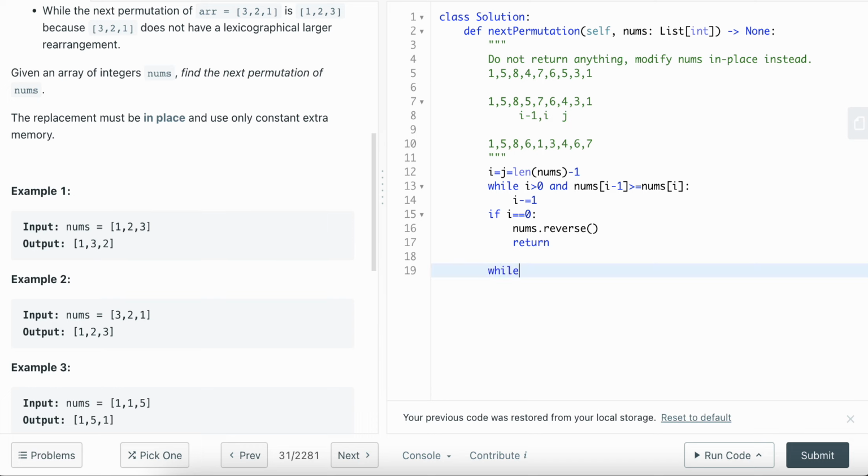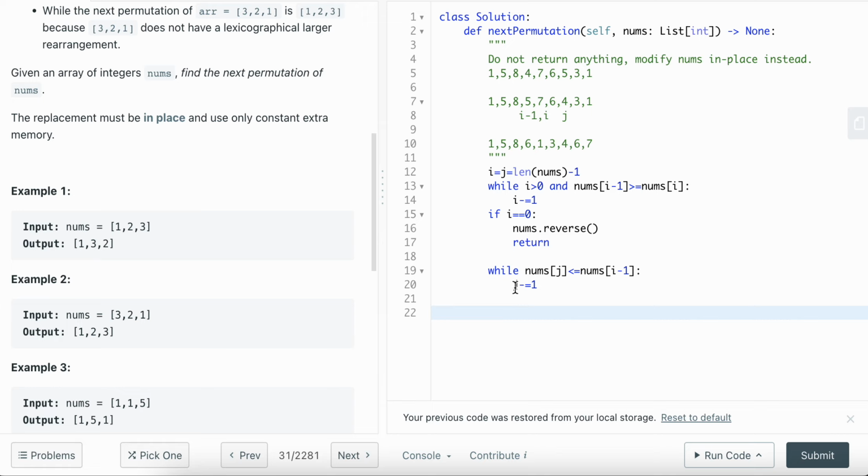So while nums[j] is smaller than nums[i - 1], remember, that was the number we were comparing at the beginning, we're going to continue to decrease j to the left side.